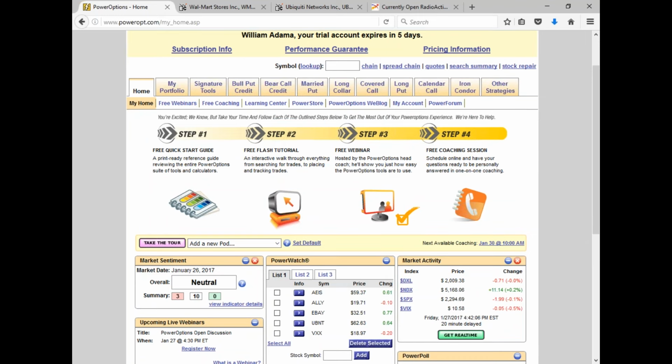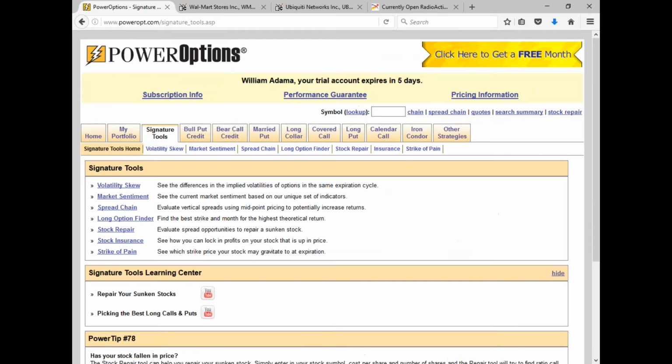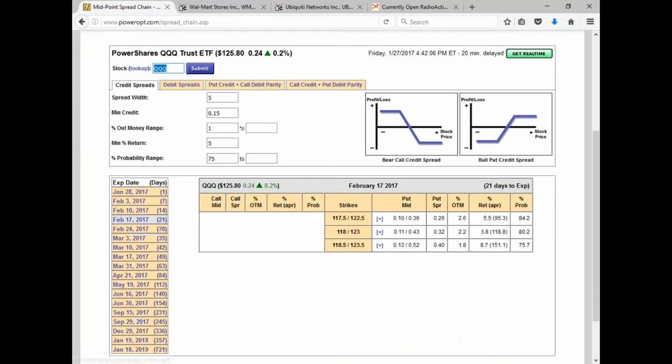Okay. Well, we have a tool here for those of you who are doing spread positions, and it, of course, is the spread chain. You can access it here on the main menu, or in the Signature Tools tab as well, I believe. What the spread chain does is it gives you a view using midpoint pricing for the calls and puts, and it's showing you different views.